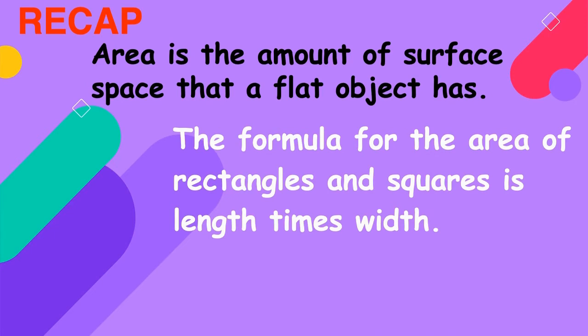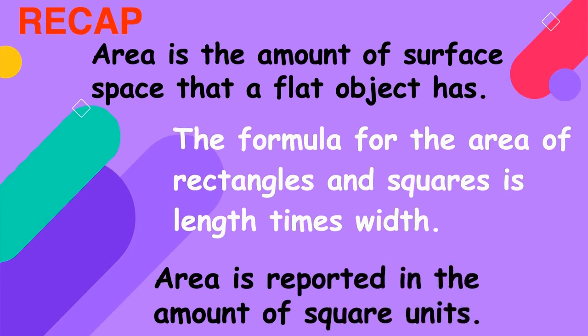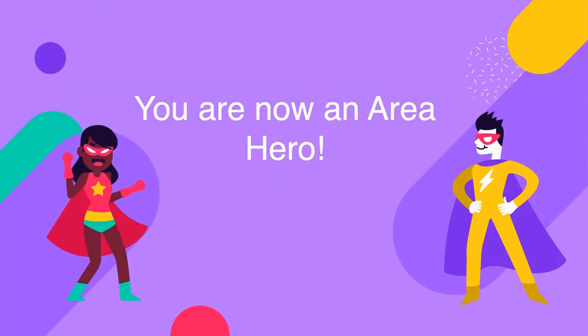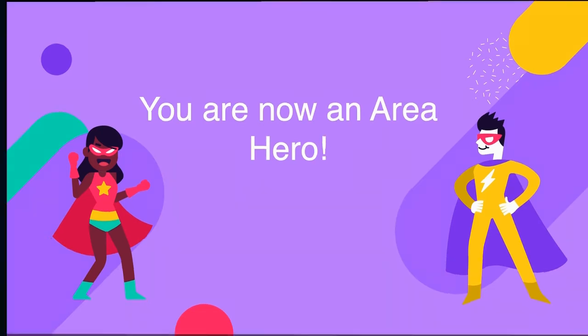And don't forget that area is reported in the amount of square units. You guys are now area heroes. You got it going on. Awesome job today, guys. Go forth and be great in the area of area.